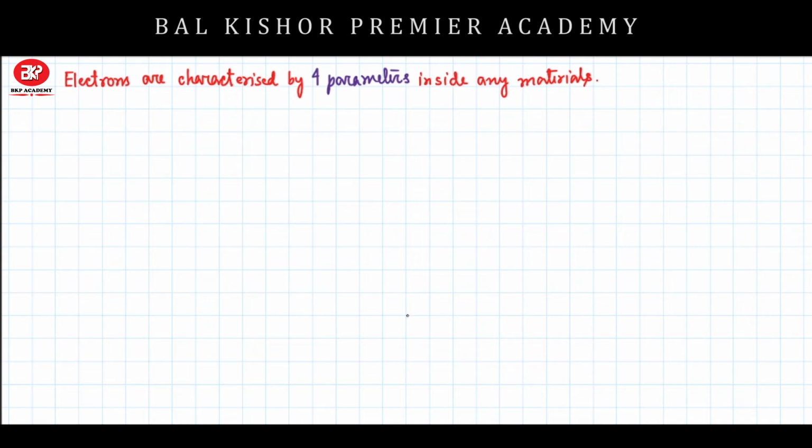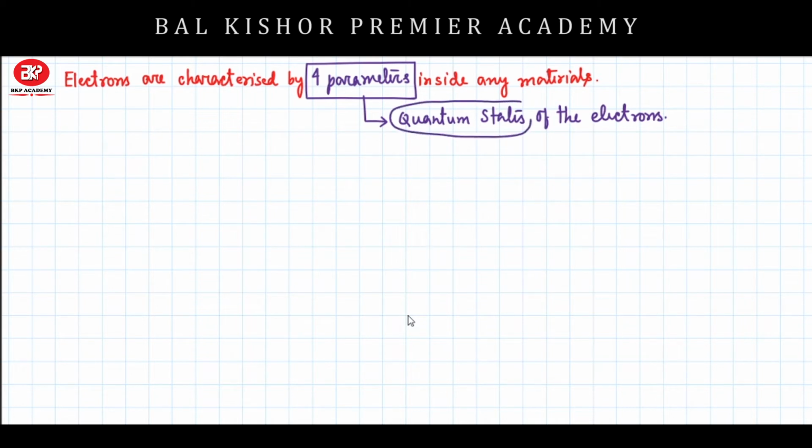So these four parameters are called the quantum states of the electrons.